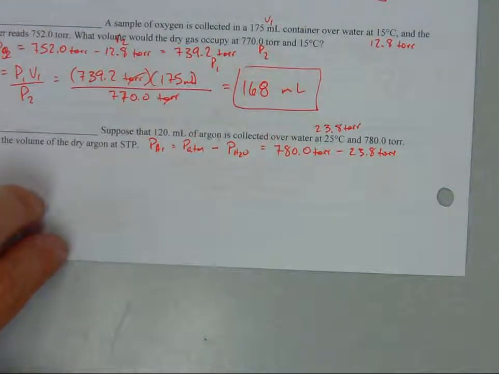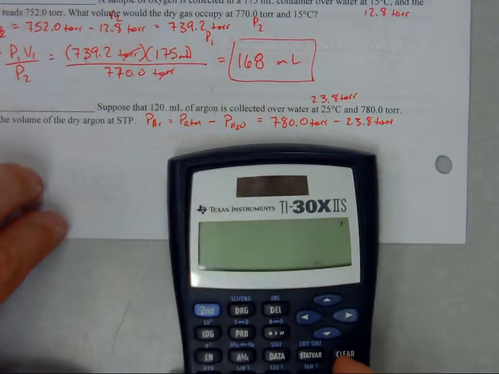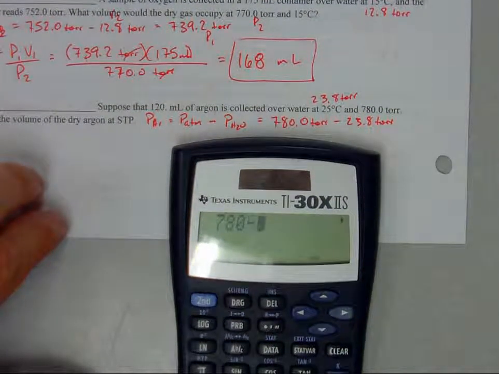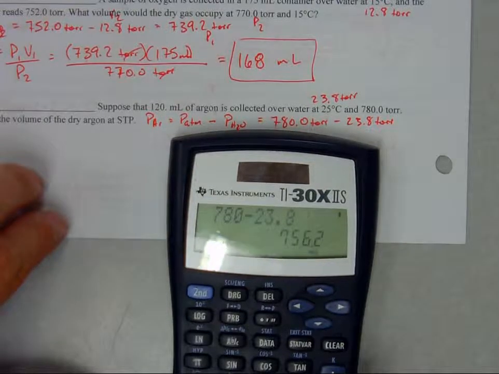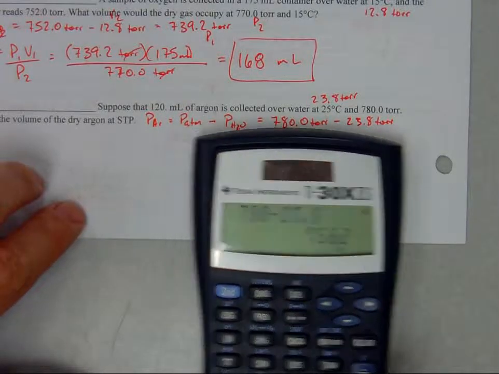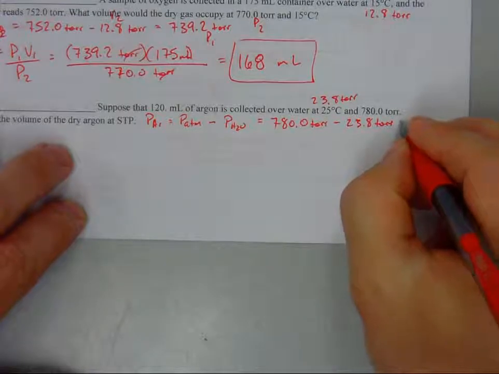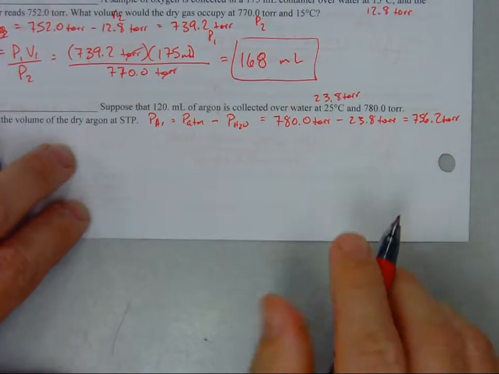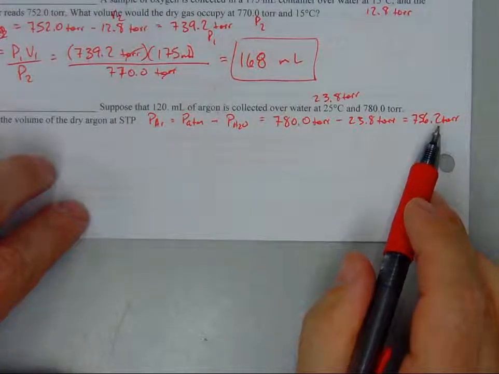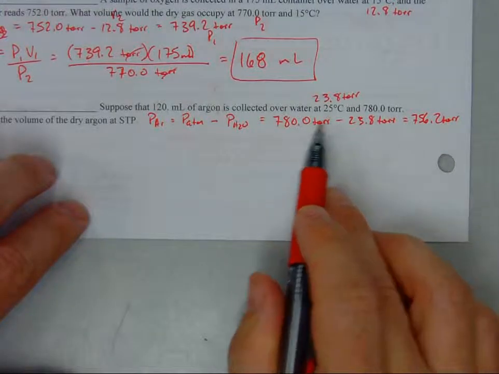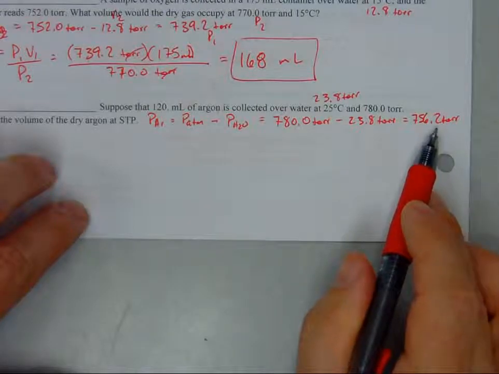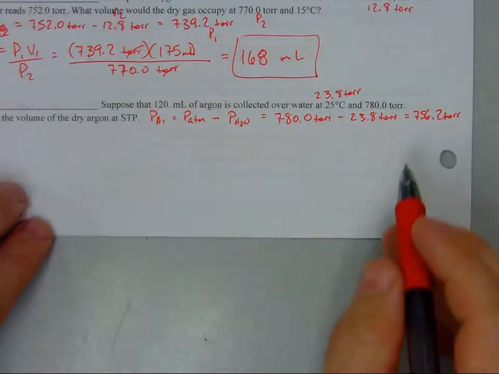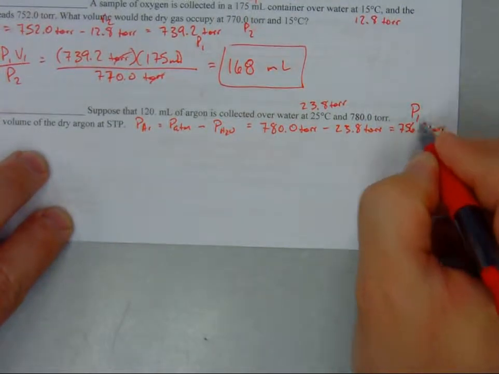And that ends up being 756.2 torr. And yes, go ahead and use all four of these values because we're adding and subtracting, so we're just counting how many places are past the decimal. Now this is going to be our P1.